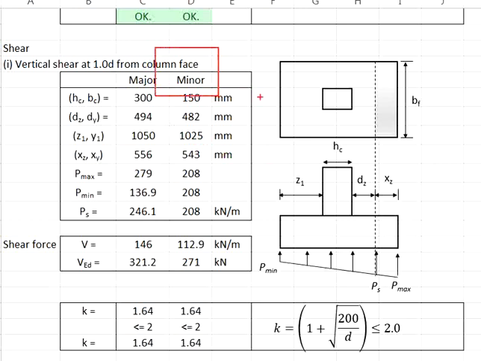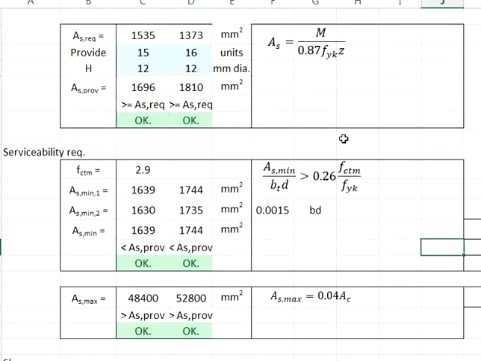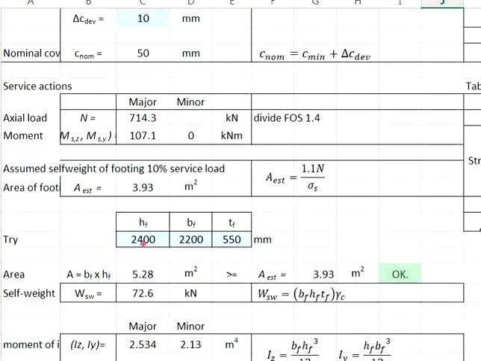In the minor axis, we are referring to this shear plane, and the plane shear force will be in these directions. In order to determine the total shear force, you use the plane shear force multiplied by the width here, and this width shall be equal to the width in the major axis, which is 2.4 meters.